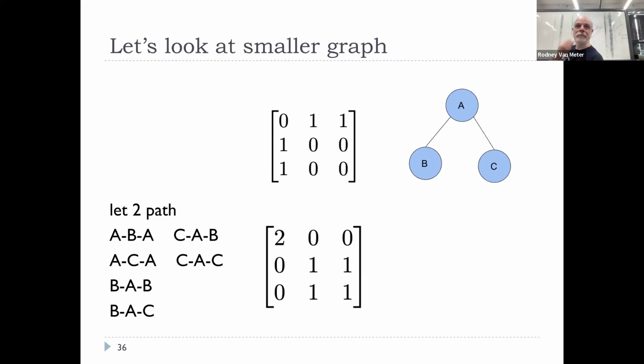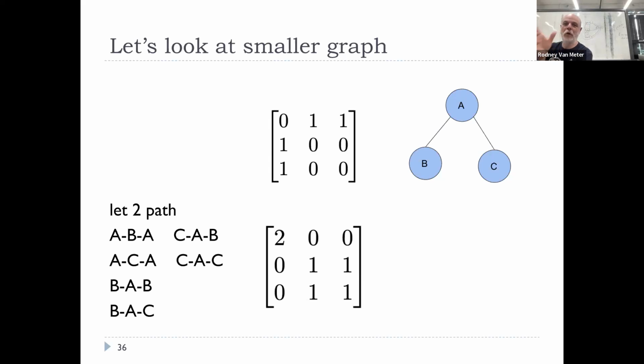Okay. Notice that everything else in that row is 0. There is no 2-step path that starts at A and ends at B, so that entry is 0.